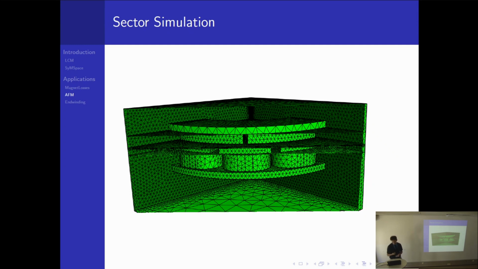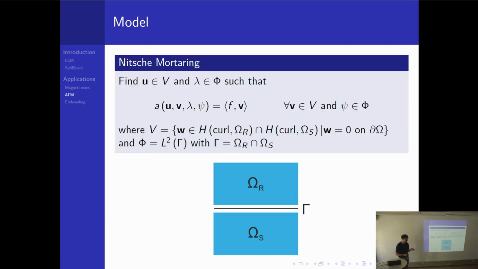There we face the problem that if you rotate the device, then the rotor gets outside of the stator, so you have to think about how you tackle this. At an early stage we already decided we will use some domain decomposition approach, and this was already done in the paper by Karl Hollaus and Joachim Schöberl and others.